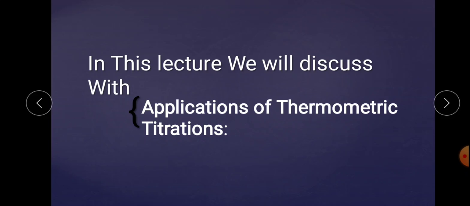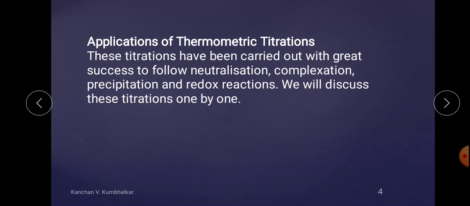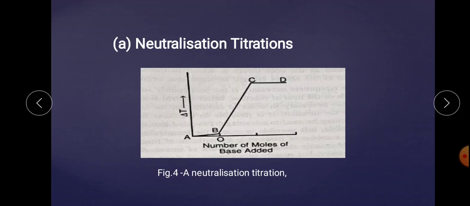These titrations have been carried out with great success to follow neutralization, complexation, precipitation and redox reactions. One by one we will discuss them. Let's start with the first, that is, neutralization titration.